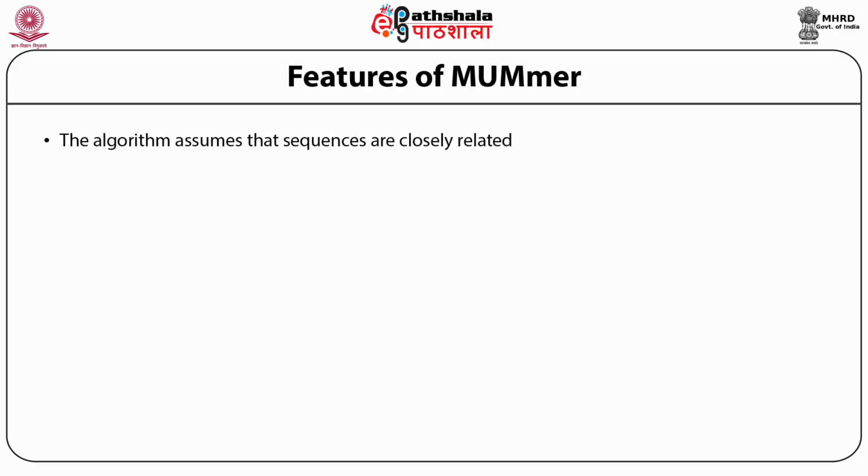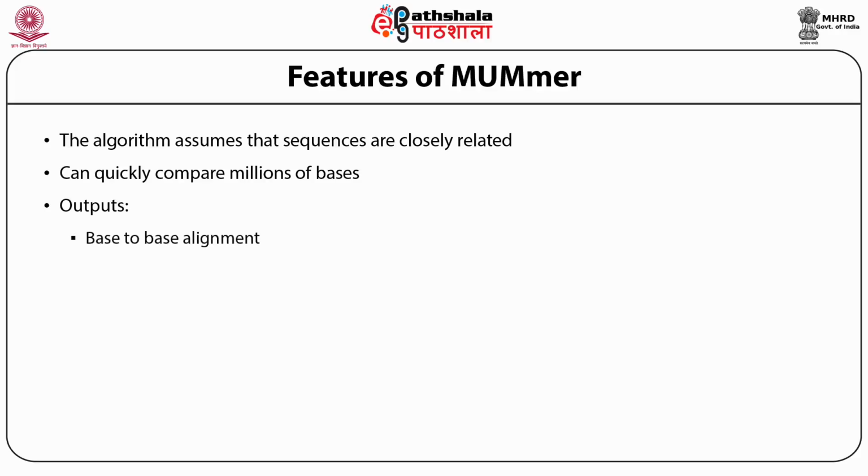We discussed the basic features of MUMmer. It is an algorithm that assumes that the sequences are closely related. Closely related sequences can be easily analyzed, and it quickly compares millions of bases. That's the good part of this tool. Its output is in the form of base-to-base alignments and highlights the exact matches and differences in the genome.